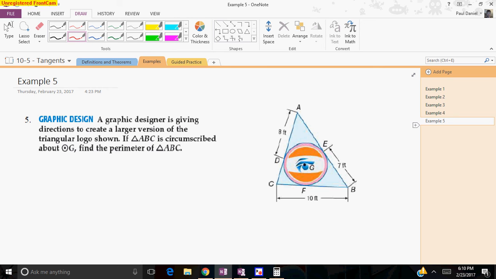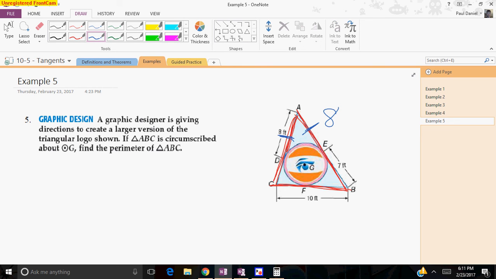So this is what I know. I know then, if it's circumscribed, that this line here, and this line here, and this line here are all tangents. That means to me that A to D, right here, is congruent to A to E, meaning that side is also 8.